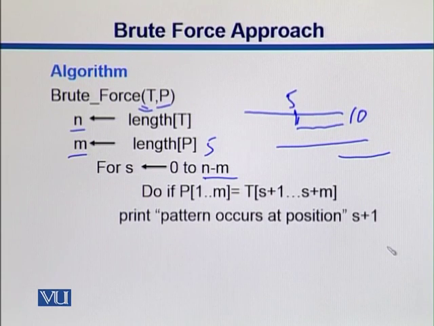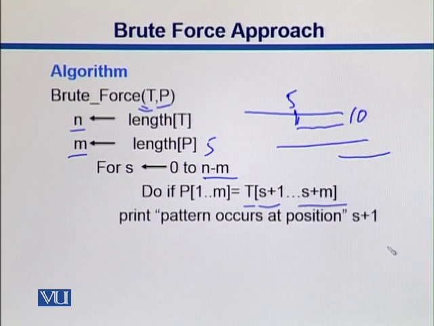So we start with nucleotide number 1 of the pattern, and we go up till its whole length. For the text, since we started with 0, we need to add 1, so it's 0 plus 1, that is the first nucleotide is compared, up till the last nucleotide of that pattern.